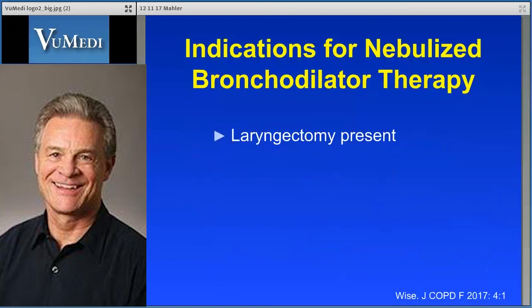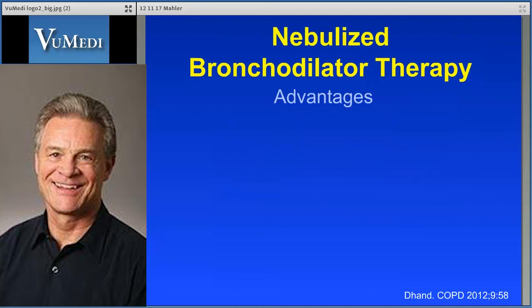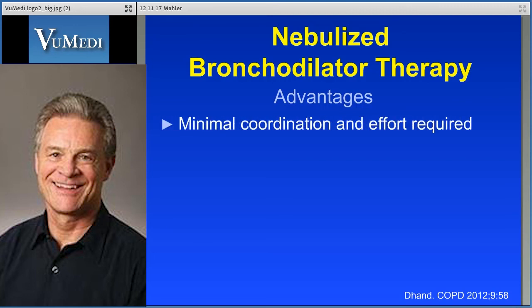Another indication is laryngectomy present. Some patients prefer nebulization. They report that it seems to be more effective. And another reason is that the individual cannot afford handheld devices. So in summary, the major advantages of nebulized bronchodilator therapy are minimal coordination and effort are required.